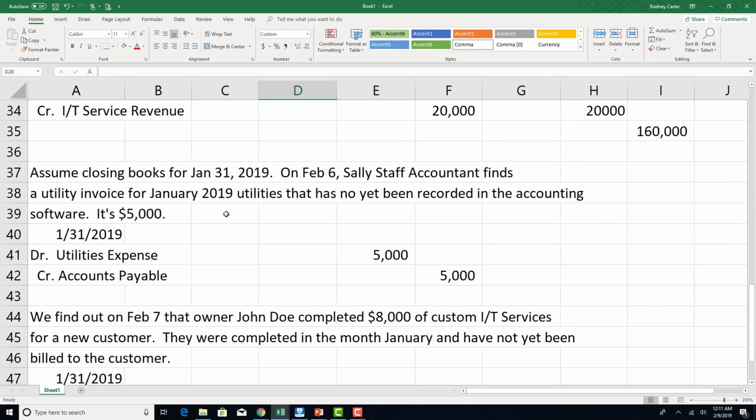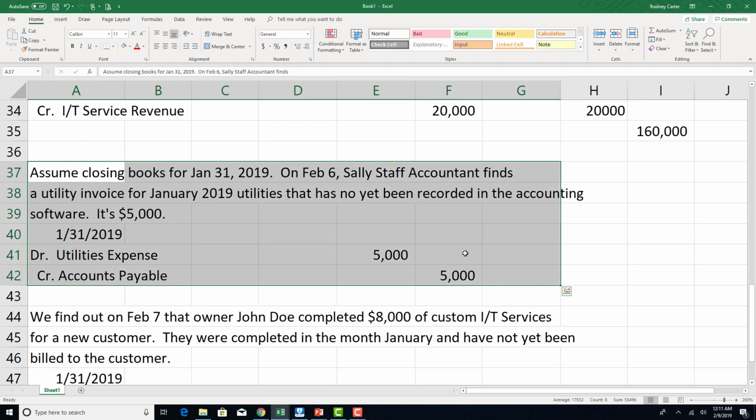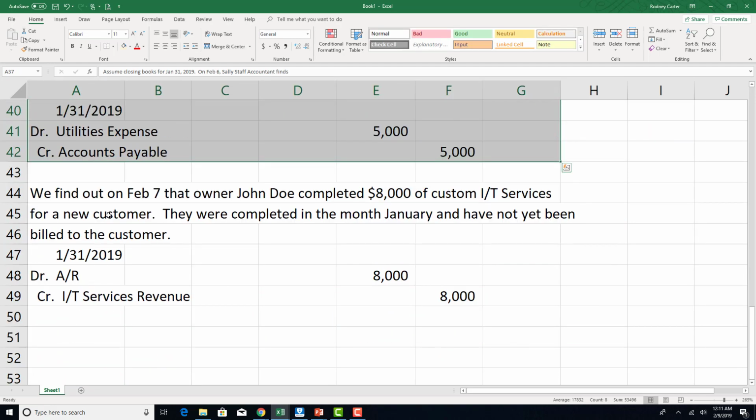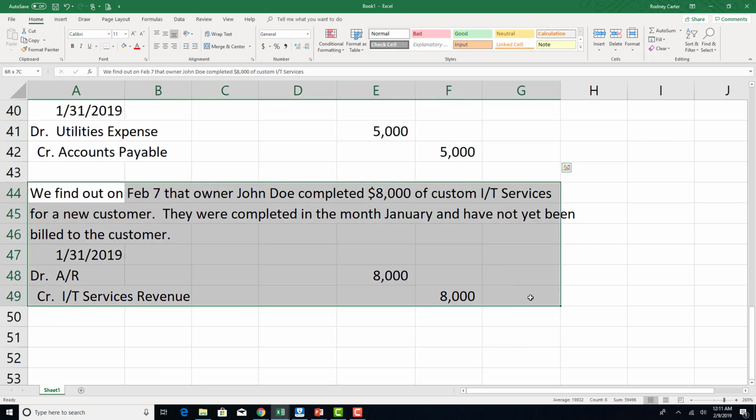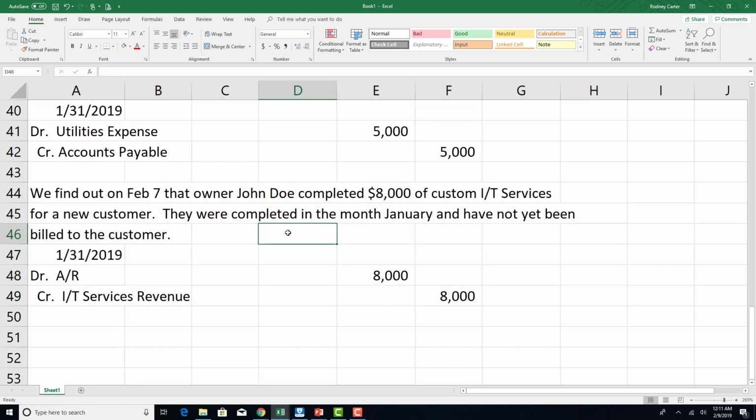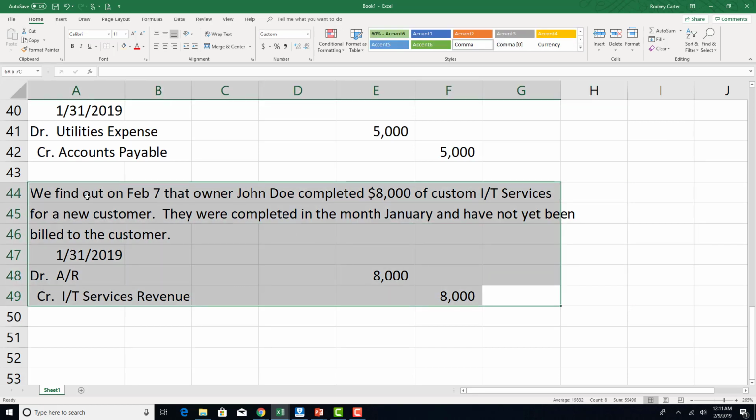And then we did 2 accrual entries, one where we had an expense that had not yet been recorded, and one where we had a revenue that had not yet been recorded. So we made sure that the accounting records included those through these adjusting journal entries.